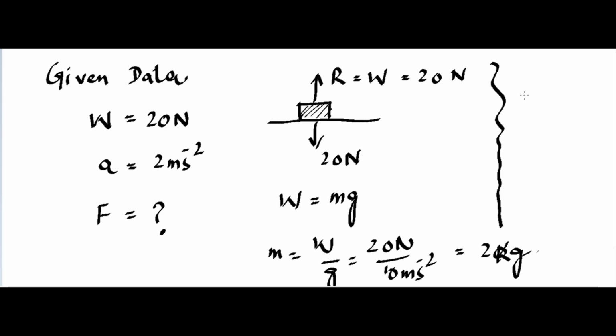To calculate the force that produces the acceleration of 2 meter per second square, we use second law of Newton. F is equals to ma. F is equals to 2 kg multiplied by 2 meter per second square. F is equals to 4 Newton. This is the additional force that is required to produce the acceleration of 2 meter per second square in the object, in addition to the reaction force that is already 20 Newton.